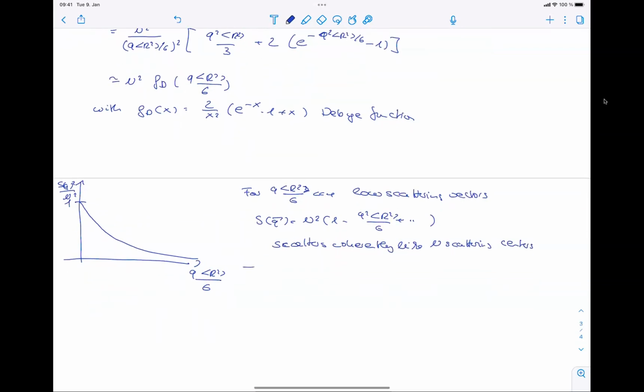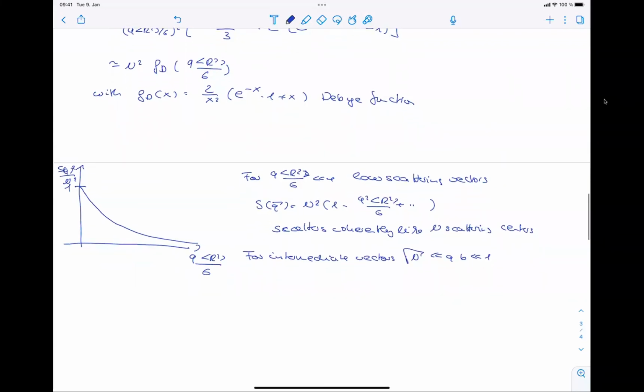And then interestingly, for intermediate vectors, choosing q to be between 1 and the square root of n, we get a fractal behavior of the scattering function, namely SQ is equal to this quantity, which means that in this realm, we get the same behavior independent of which scales we're probing the system.